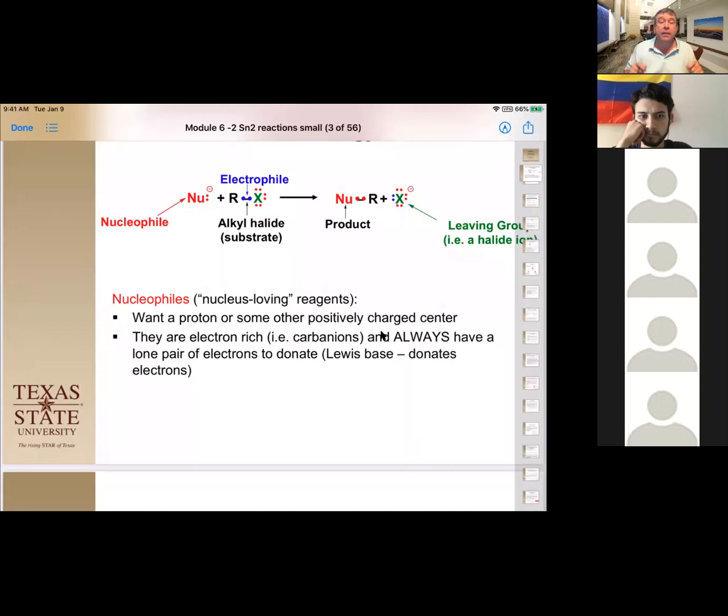All nucleophiles tend to be electron rich, i.e. have an anion, like a carbanion, or they must have lone pairs to donate. So if you have a charge, like a carbanion or a halide ion, it has that lone pair. Those lone pairs you will see in every single nucleophile, either as a negative charge or as just a lone pair that can come in and react.